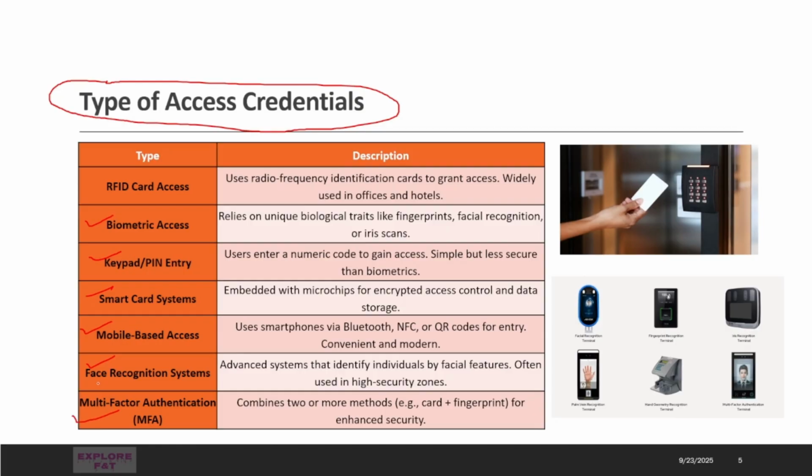Multi-factor authentication is a combination of two or more, as you see here, card and fingerprint both required. If you show only the card, it will not open. You have to provide two authentications: first show the card, and then it will ask for the fingerprint.